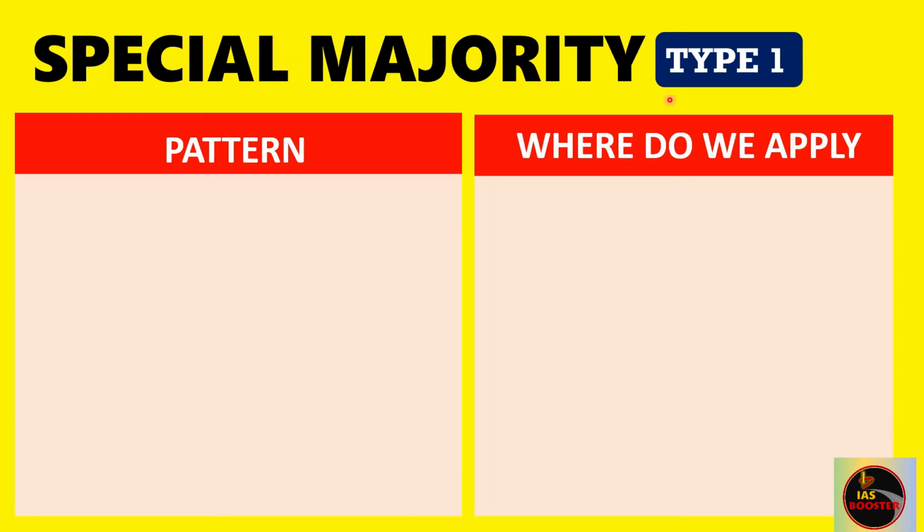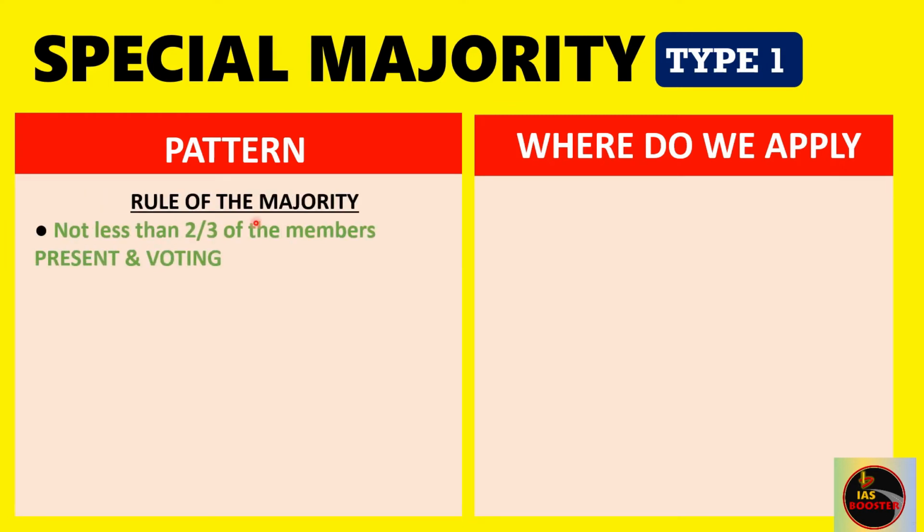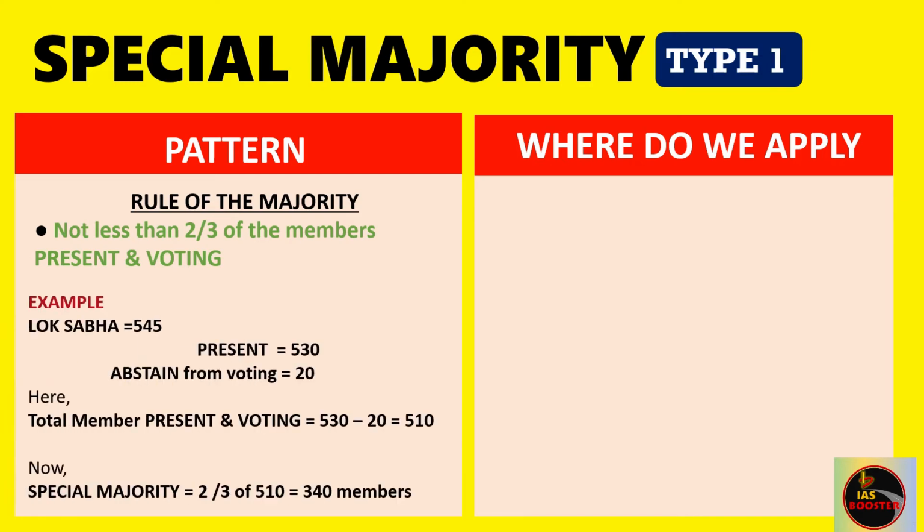I'll first take up type 1. Let's see the rule of type 1. Here in type 1, it says not less than 2/3 of the members present and voting. It is not saying 2/3 of the total strength of the house. It is saying 2/3 of the members present and voting. So let's take an example.